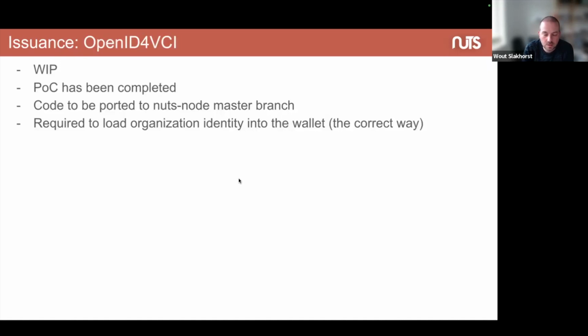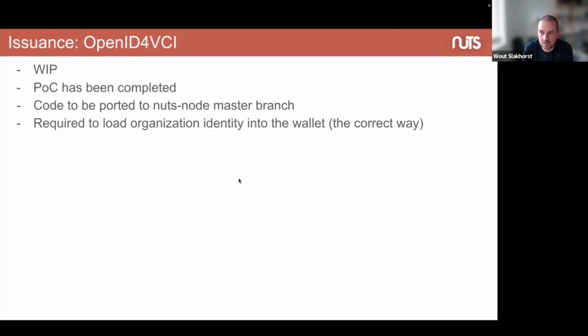Apart from the side loading, which currently is needed for the organization wallet, we're also reviewing the OpenID for VC standard. Hades has implemented this, it is still in a pull request. I think we're maybe a couple of weeks away from merging it into master. And then we'll support OpenID for VCI, which means that we can fill the organization wallet with the help of a user.